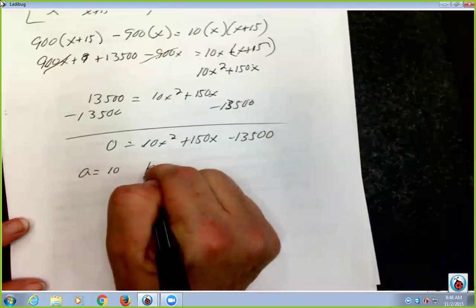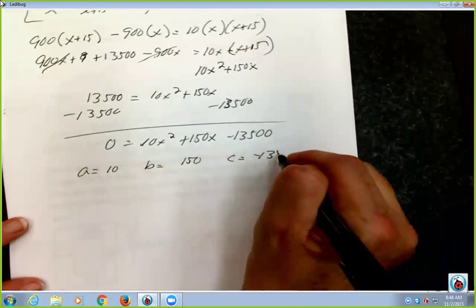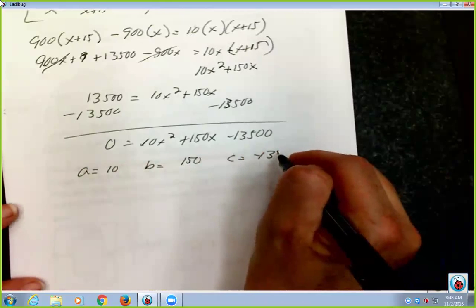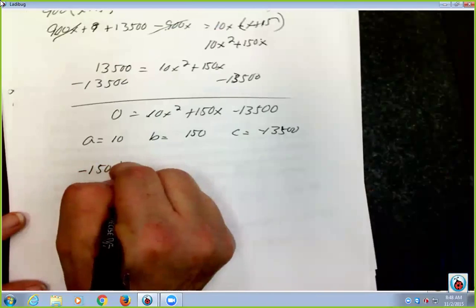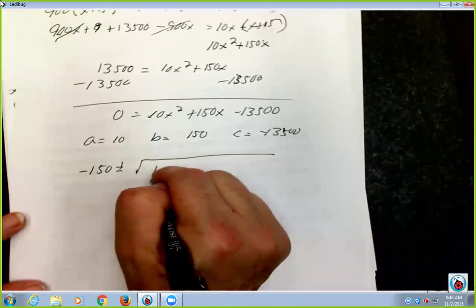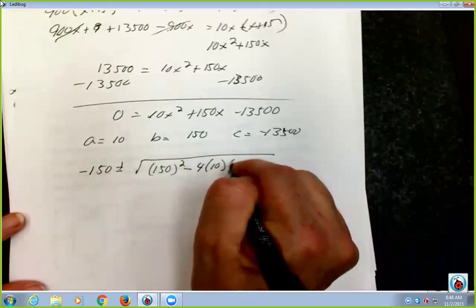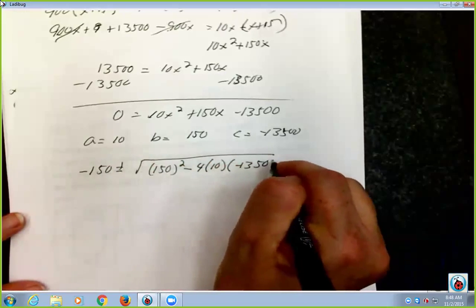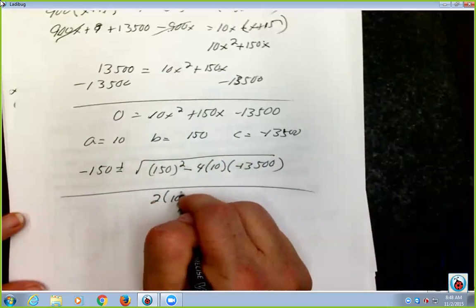A is 10, B is 150, and C is a negative 13,500. So I have a negative 150 plus or minus the square root of 150 squared minus 4 times 10 times a negative 13,500, over 2 times 10.